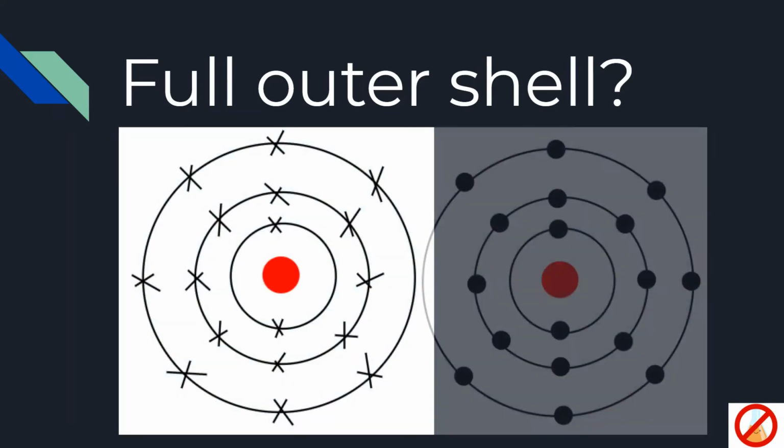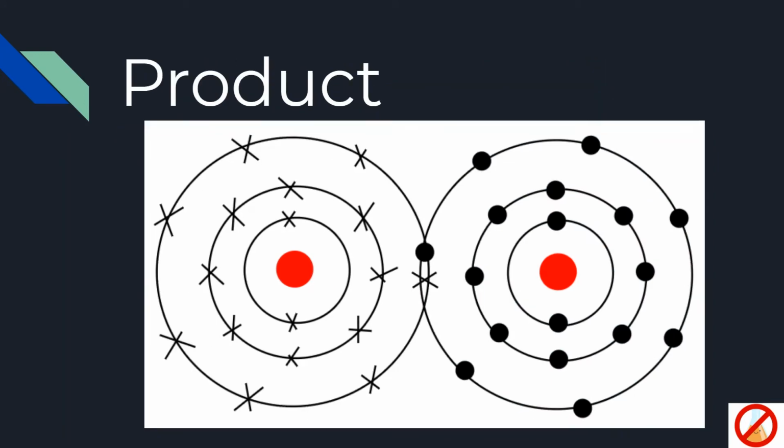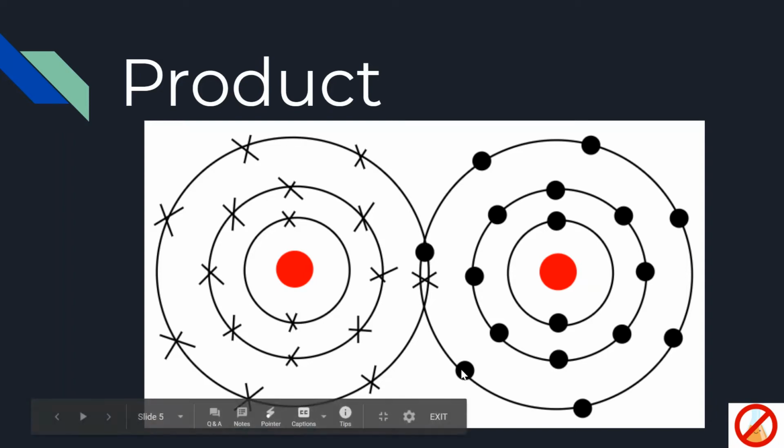What happens now is, in order to achieve a full outer shell, the two chlorines will have to stick exactly right next to each other. This then results in them sharing an electron. So now if we count the valence electrons, there are 8. We can count 1, 2, 3, 4, 5, 6, 7, 8.